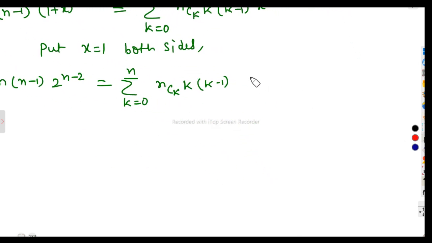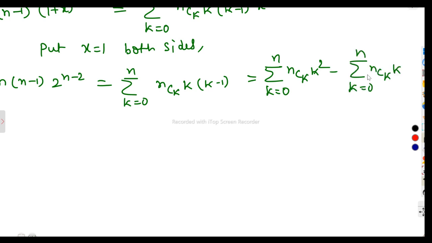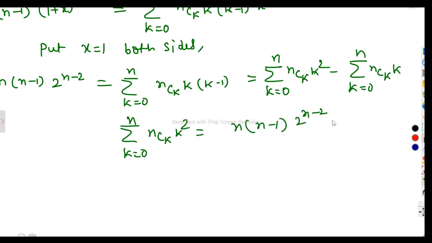Again, we can write this as the summation k equals 0 to n of nCk times k square minus the summation k equals 0 to n of nCk into k, and we already know the latter. So the summation of nCk k square is equal to n into n minus 1 into 2 raised to power n minus 2, plus n into 2 raised to power n minus 1.